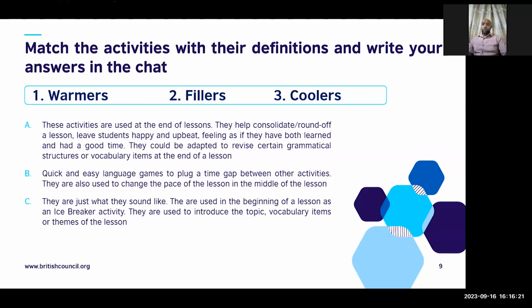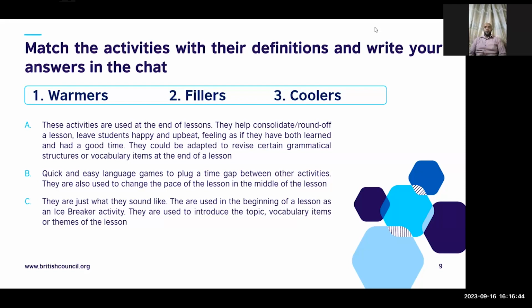They are also used to introduce a topic, vocabulary items, or themes of a lesson. Interesting. Yes, Gabriel, you got it right. And exactly.